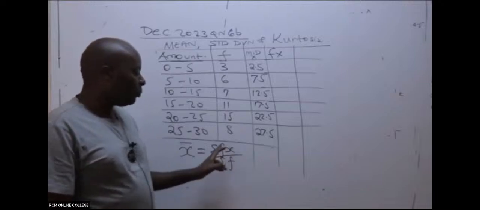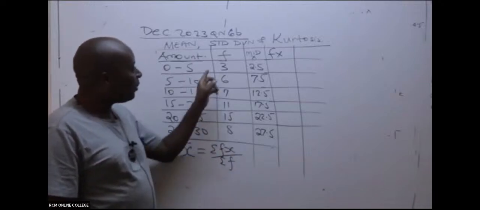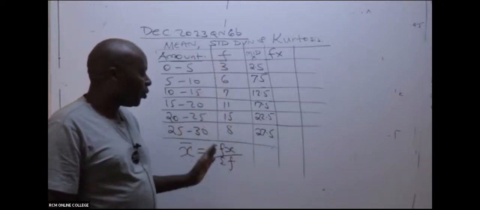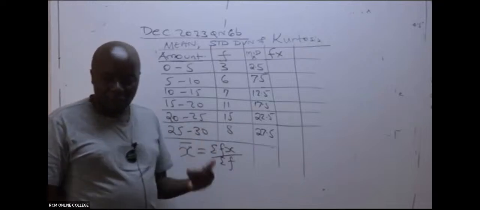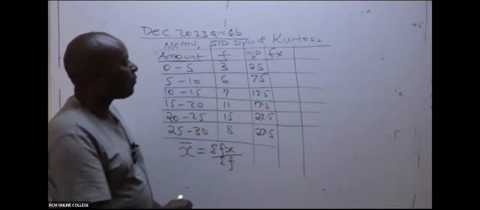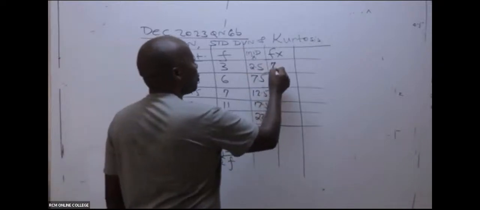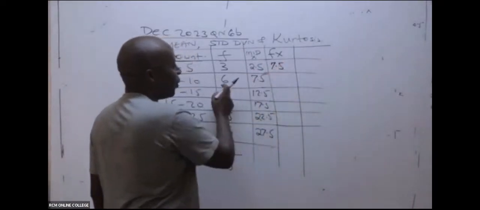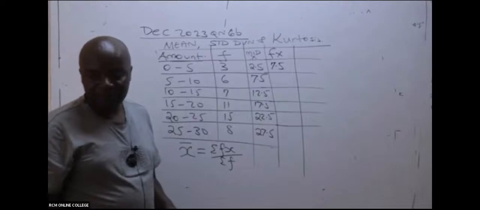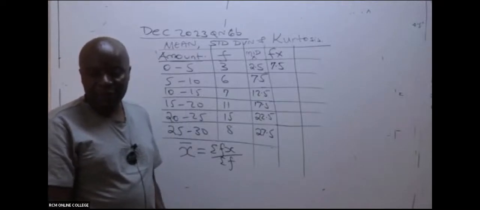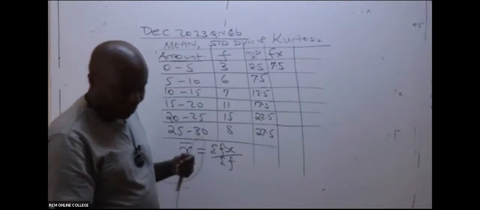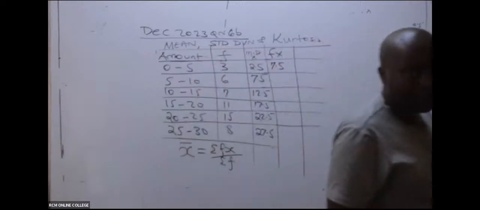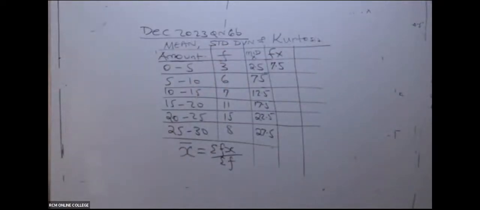Remember, you're using fx for the numerator. You can't tell me that you're taking the summation of f first. No. The sum comes after we multiply. So we have 7.5, the first one. Thank you so much. We go to the second one, 6 times 7.5. Are you able to give me this answer?